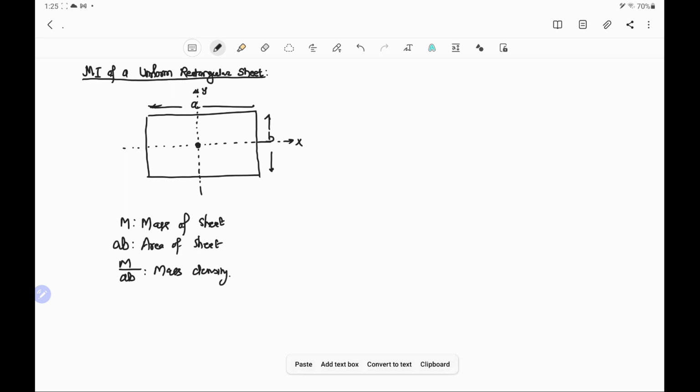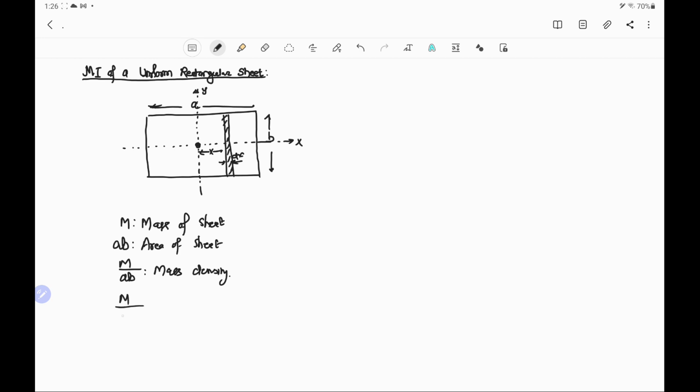To find the moment of inertia of this sheet about the y-axis, we take an elementary strip at a distance x from the y-axis of width dx. This is the elementary mass strip.